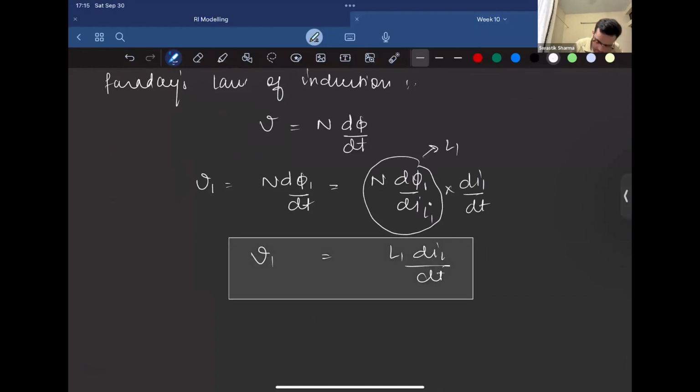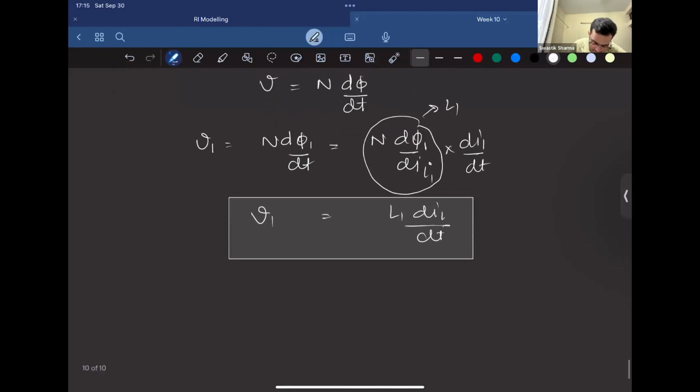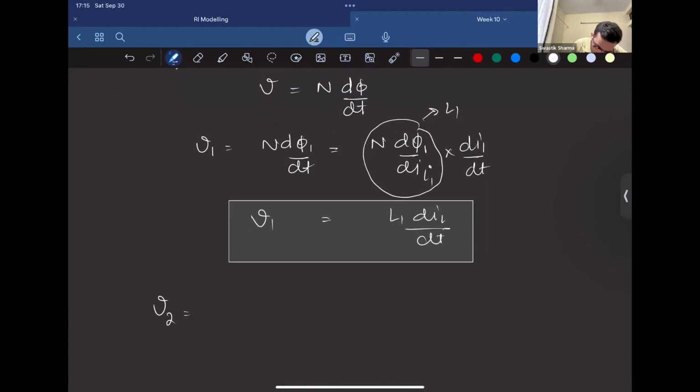But the interesting thing is what happens with the second coil. There is a component of flux called phi12, which is made at the first coil's end, and it is being linked to the second coil. So how would V2 look? V2 is N2 d phi12 by dt.